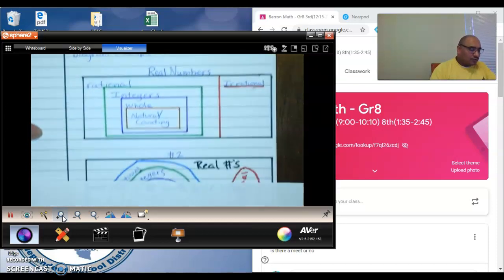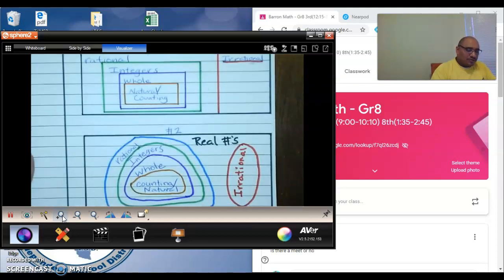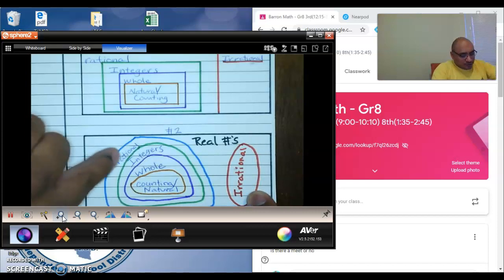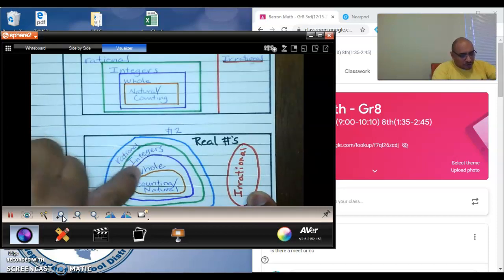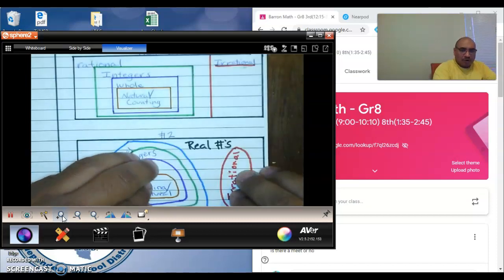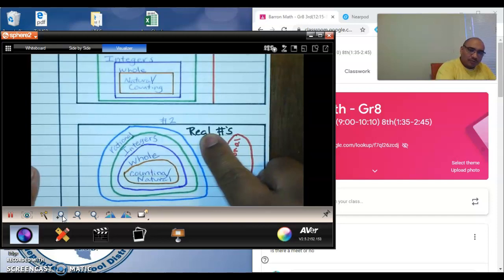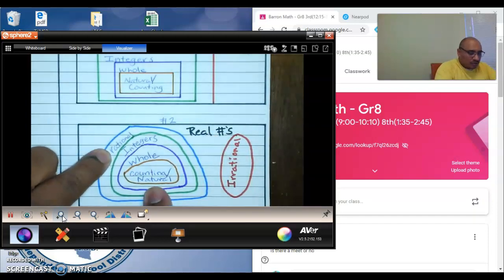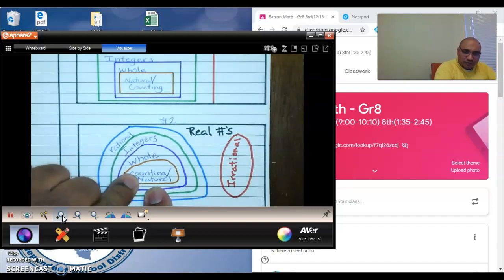Example number 2. We have another image. This huge box represents all of the real numbers. All of the real numbers include irrational numbers. It includes rational numbers, integers, whole numbers, counting natural numbers. Everything falls under the umbrella of real numbers. But, again, rational includes integers, whole, and counting natural numbers.